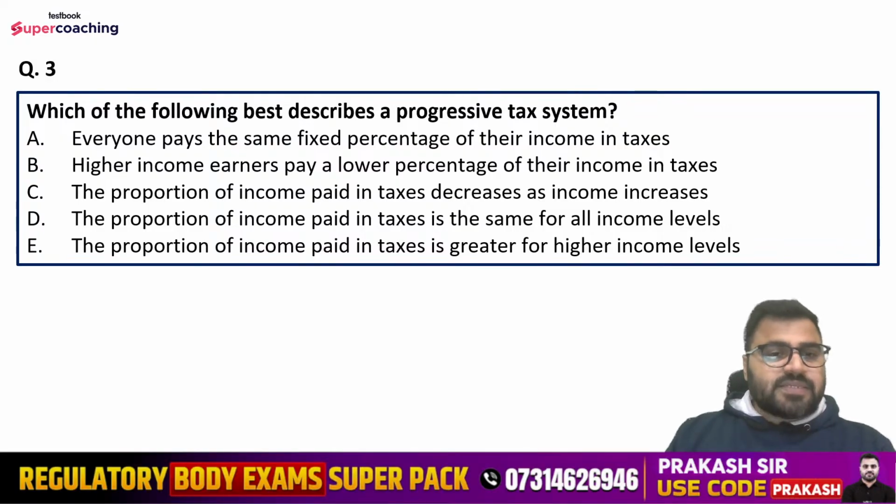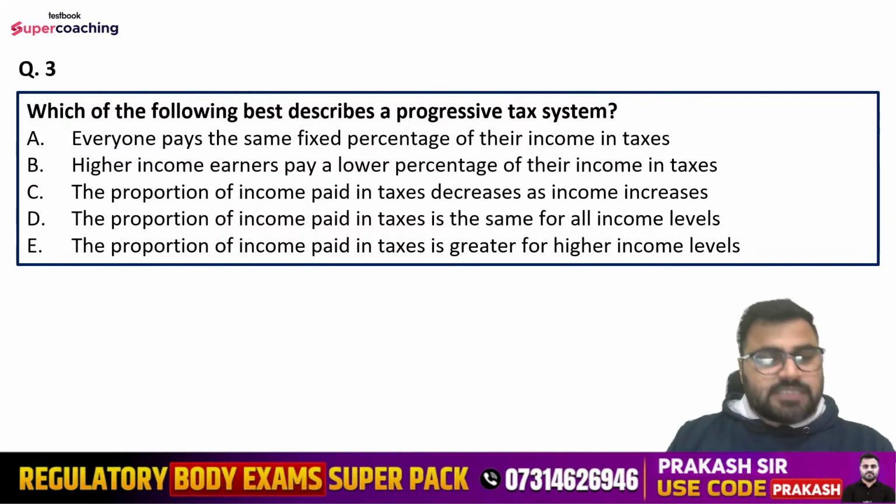So what is the right answer here according to you for this particular question, that is progressive taxation system? Yes guys, read the question carefully, read the options carefully, and do try to attempt this particular question.